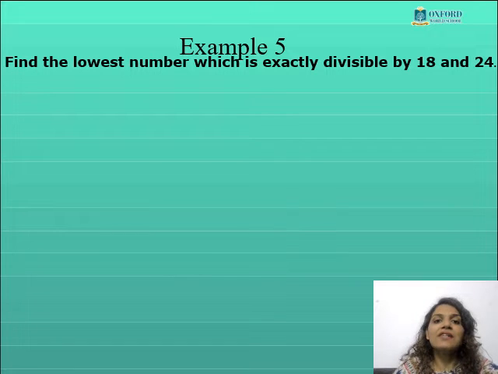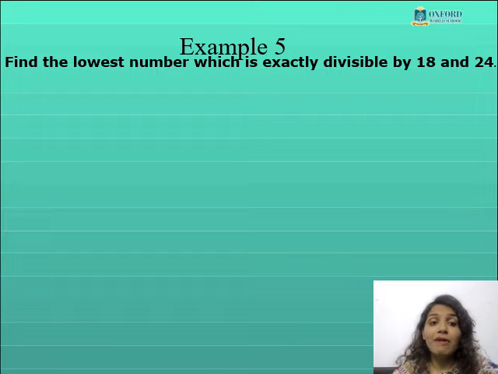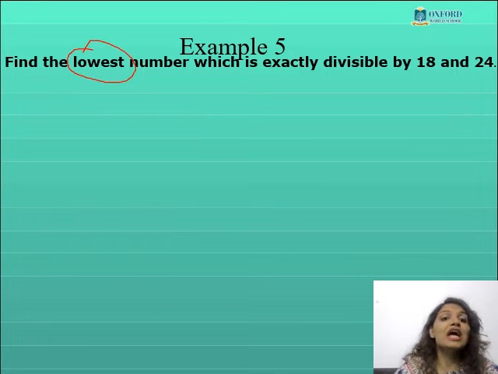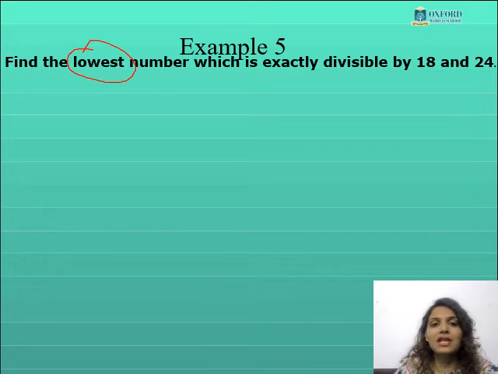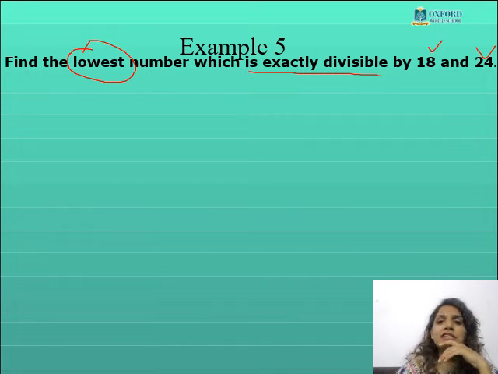Yes, this is another way of asking a least common multiple. Find the lowest number. Here I would like to highlight this word, lowest, right? We have to find the lowest number which is exactly divisible by 18 and 24. Number which is exactly divisible.